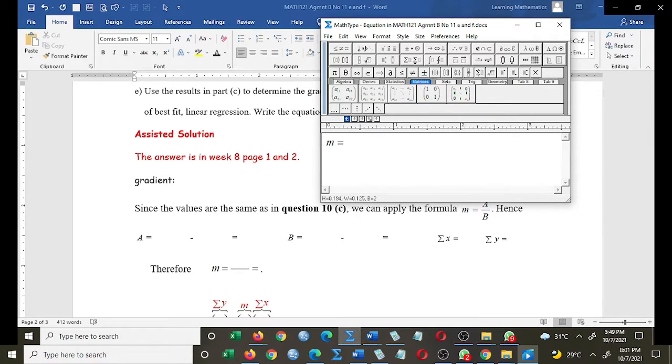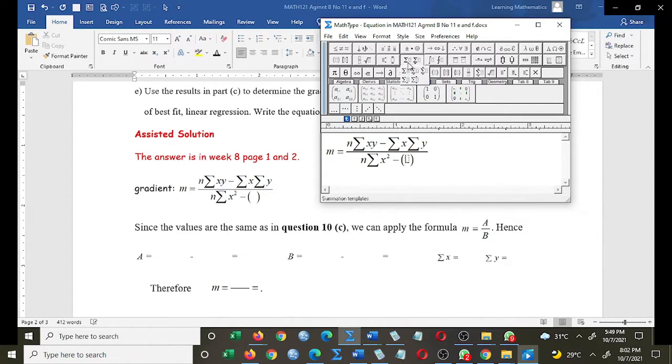M is equal to n times the sum of xy, minus the sum of x times the sum of y, over n times the sum of x squared, minus the sum of x, all squared.